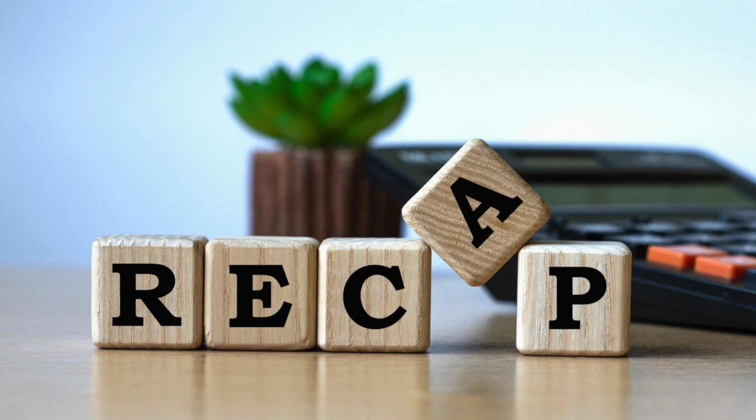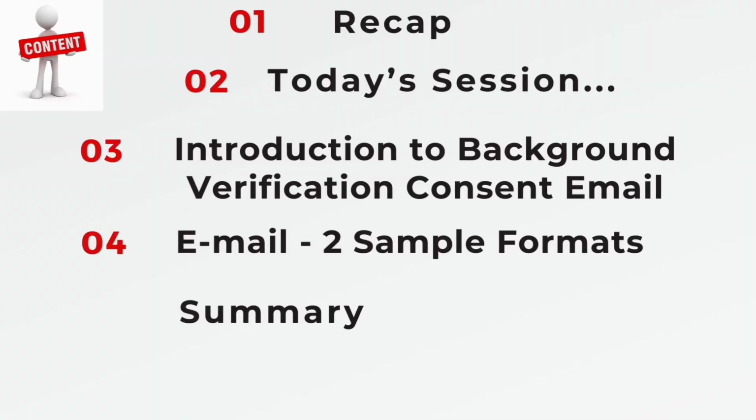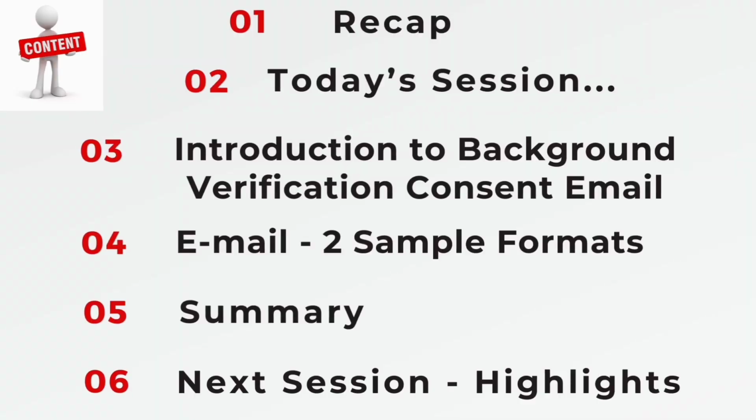Before going for a background verification, we need to send a mail to a candidate and take consent from the candidate. This session is about sending the mail, what all we have to include in that mail, and how we have to take the consent of the candidate regarding the background verification process. We are going to discuss this.